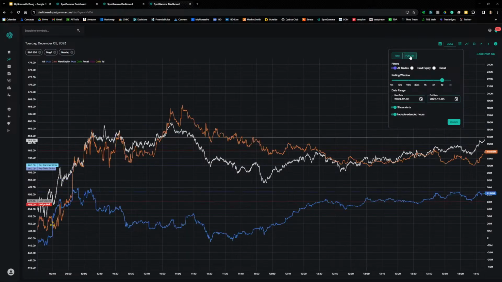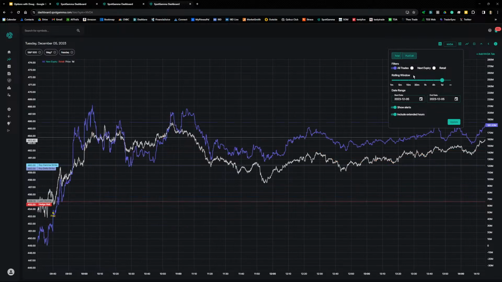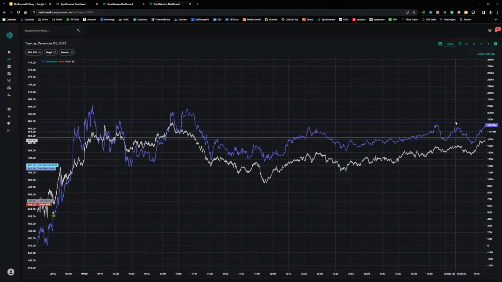Take a look at the net for the day. So both the notional value for the orange line, the call line, and the blue line are both positive, indicating traders are buying calls and selling puts. So coming in and buying NVIDIA.